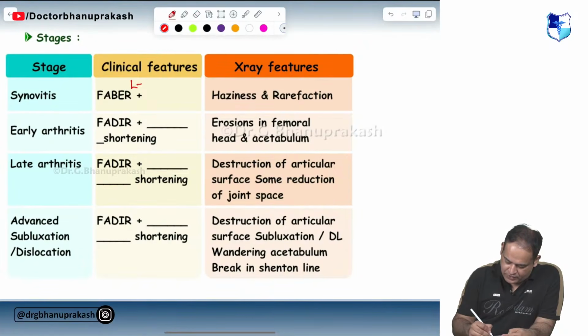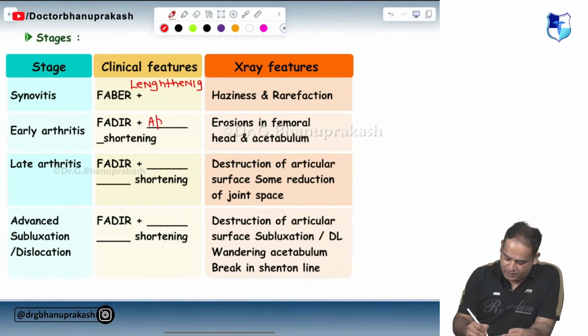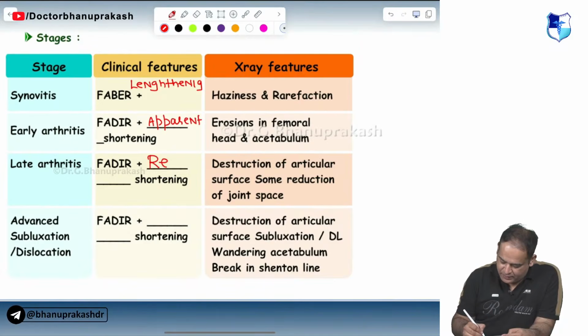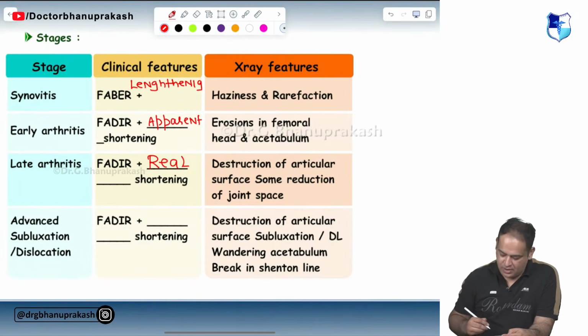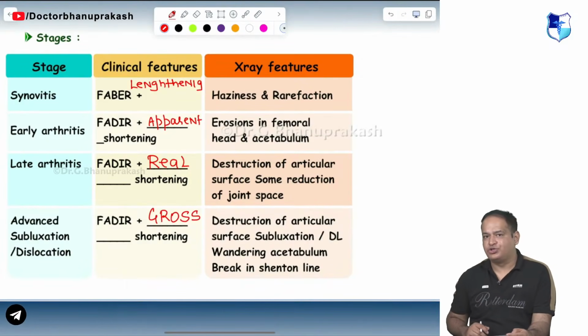Right. So, in the first stage, there will be lengthening. Second stage, there will be apparent shortening. Third stage, there will be real shortening. And fourth stage, there will be gross shortening.